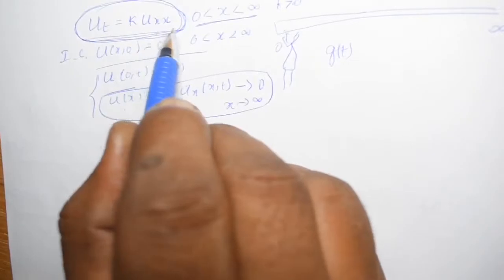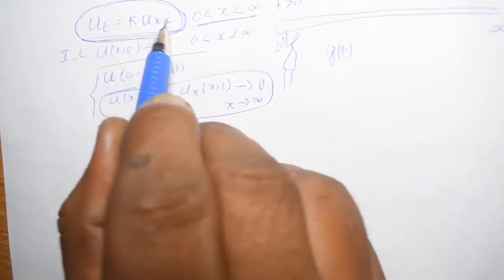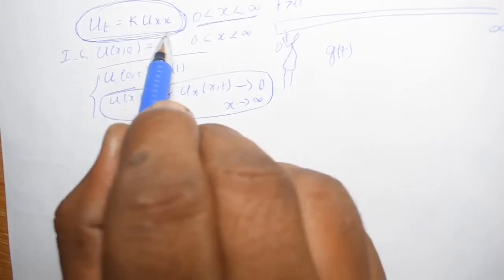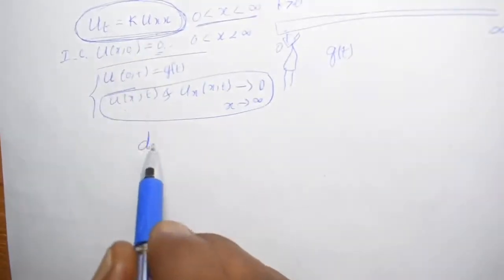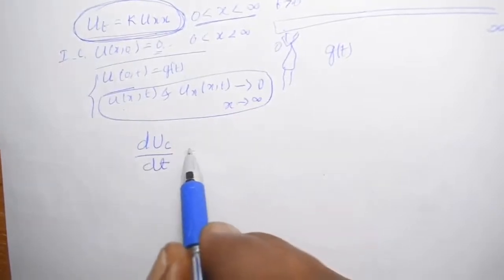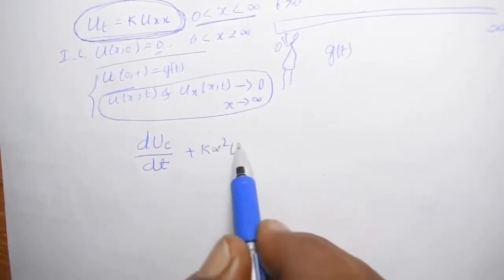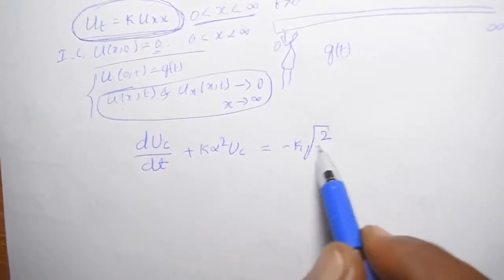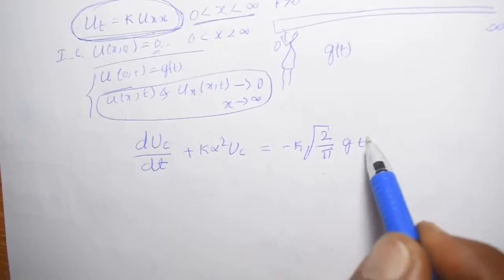Right. After applying the cosine transformation to this problem, you are going to get the differential equation as dU_c by dt plus k into alpha square into U_c is equal to minus k into square root of 2 by pi into g of t.